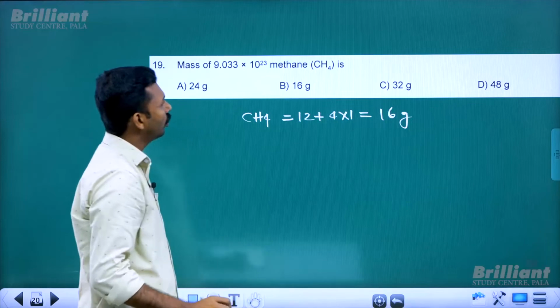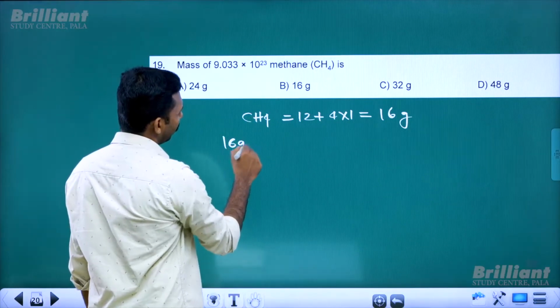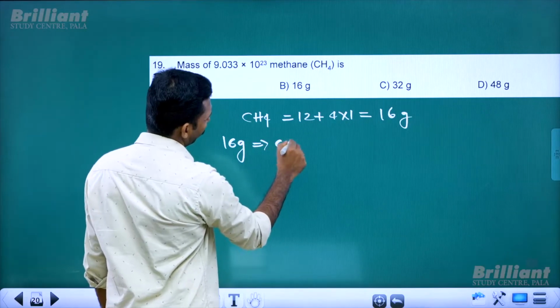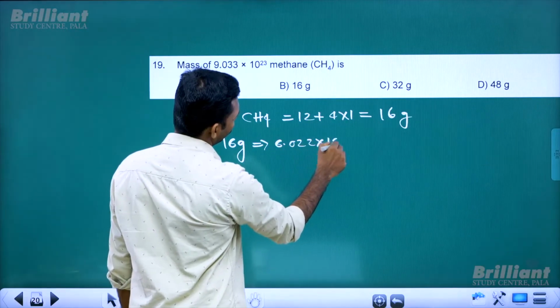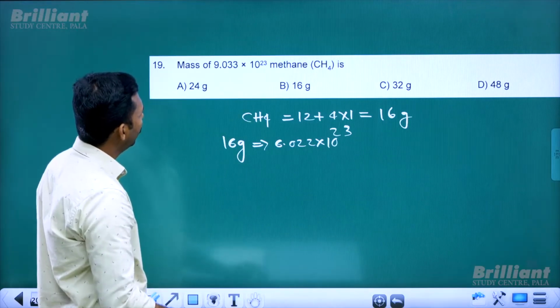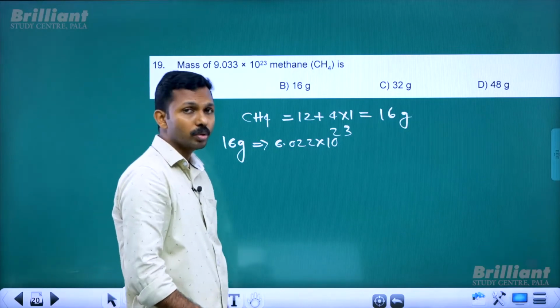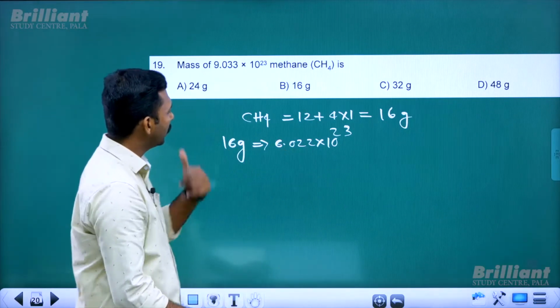We know that 16 gram may contain 6.022 into 10 raised to 23 methane molecules. It is given as 9.033 into 10 raised to 23 molecules.